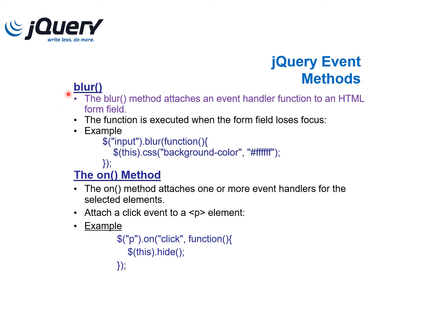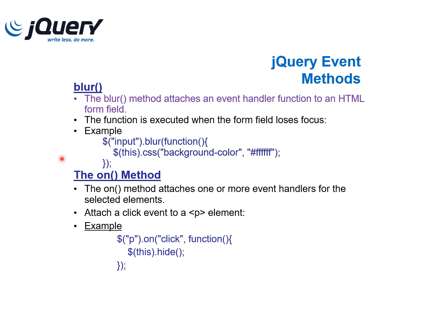Then blur. Blur is just the opposite of focus. The blur method attaches an event handler function to an HTML form field. The function is executed when the form field loses focus. So when a particular input element loses its focus, this blur event occurs.